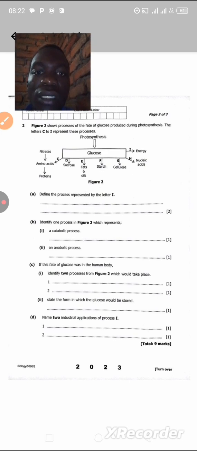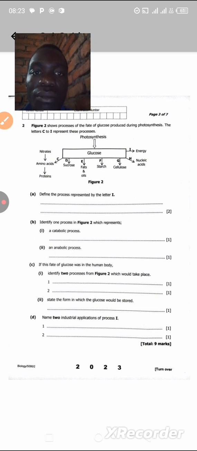Number 1 is process I, which is respiration, because respiration is a characteristic of living organisms. Even in human beings, it takes place, as in plants and any other living organisms. Number 2 is C, the synthesis of proteins, which takes place in human beings as well.